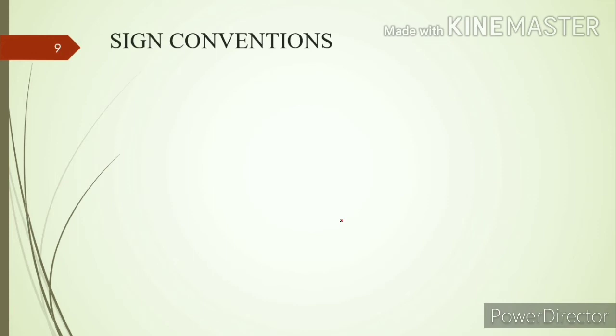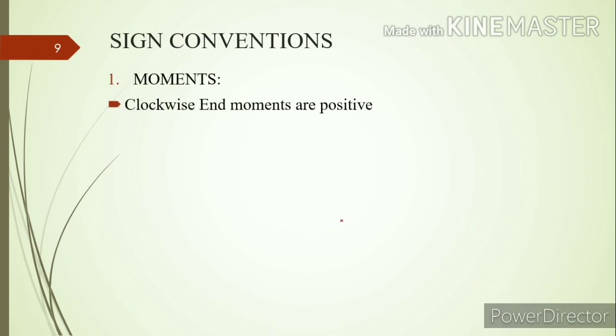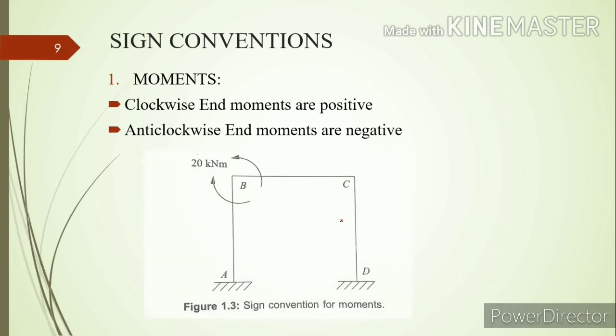Then sign conventions. First, the sign convention for moments. Clockwise end moments are taken as positive and anti-clockwise end moments are taken as negative. So consider a frame ABCD here. Joint B is subjected to a moment of 20 kilonewton meter.